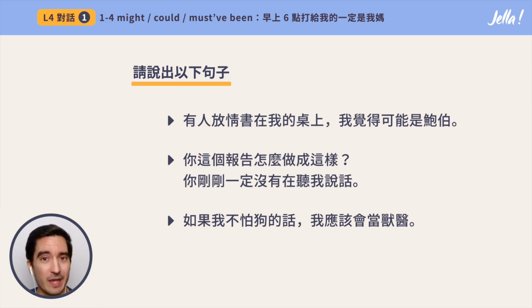He might have read that book. Okay? So the modal verb, might, could, must, and then have, and then followed by the past participle, which there are many different ways to make a past participle, right? Could be ed, could have an n sound, it could have a u sound, it could be the same sound as a regular verb. There are many different ways to make that past participle, that PP verb, okay?